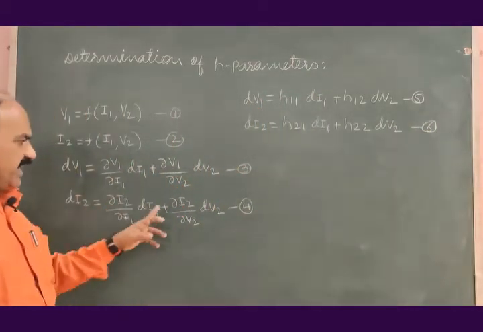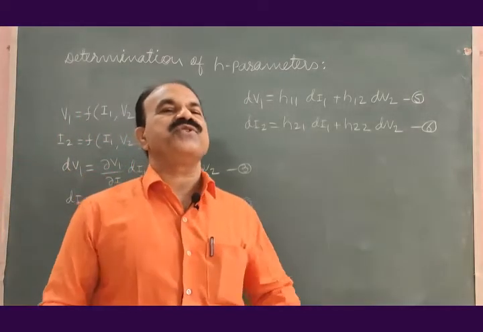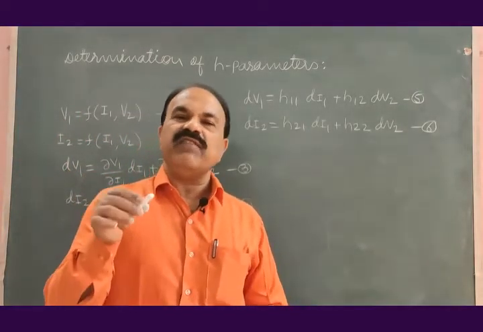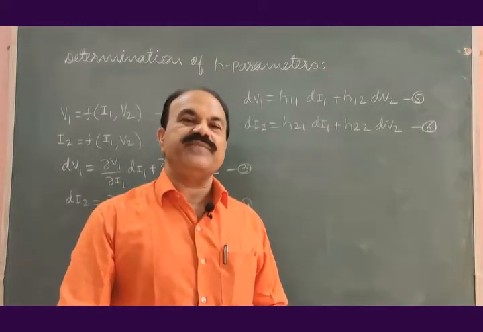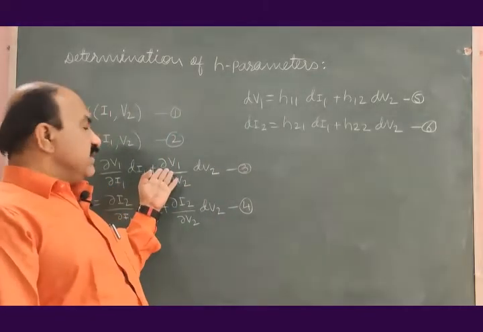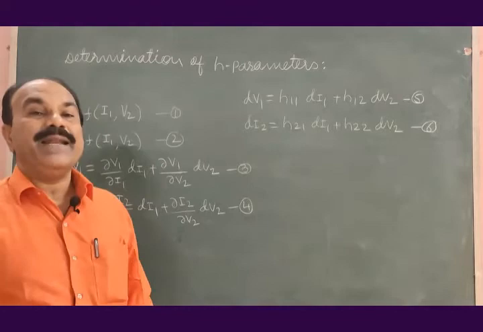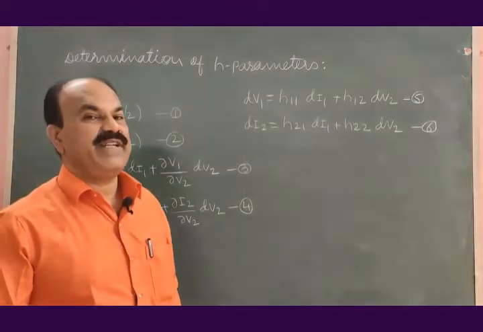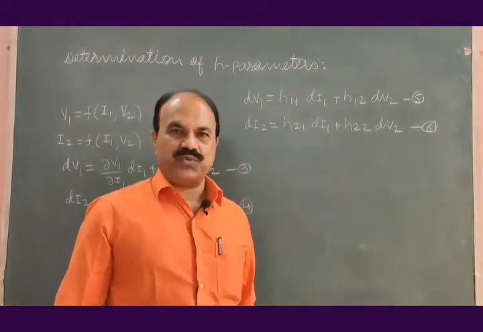These partial differentials are slopes of some characteristics of the transistor, and when working of the transistor is restricted to linear region, they are constant slopes. So these partial differentials can be replaced by constant parameters H11, H12, H21, H22.